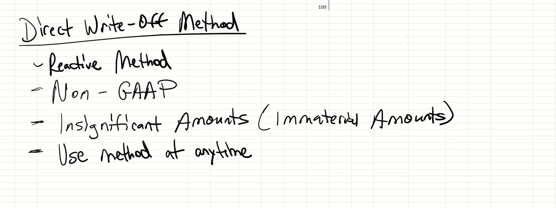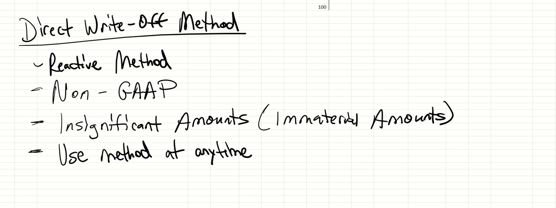That's not good, because under GAAP, you have to abide by what is called the matching principle, which means that when the revenue is recognized, let's just say in the month of January, the expense needs to be recognized in the same period as when the revenue was generated.